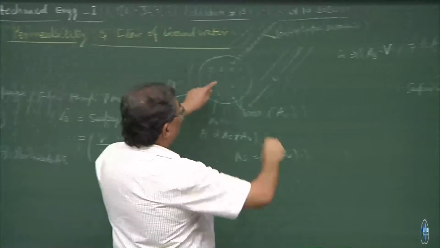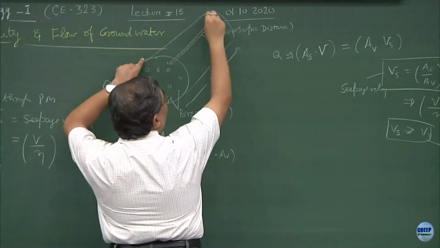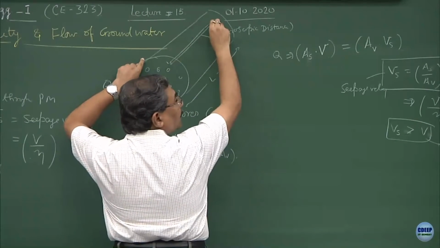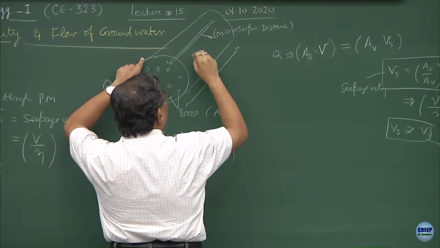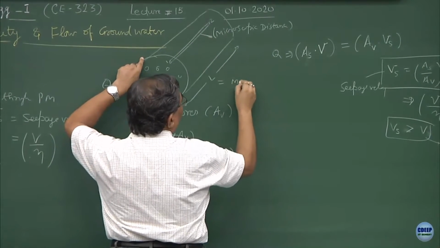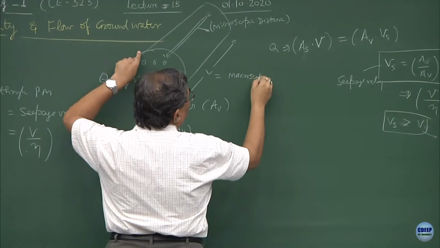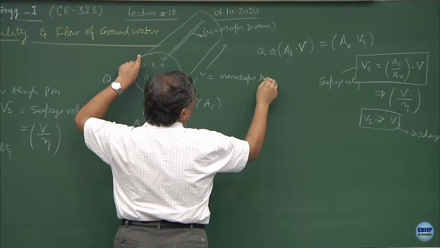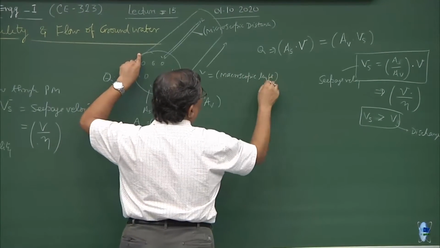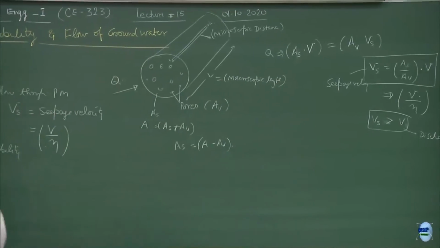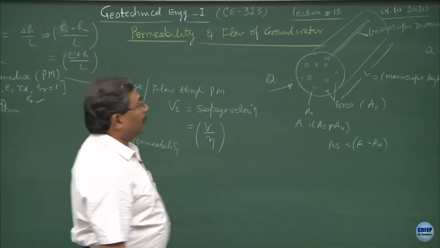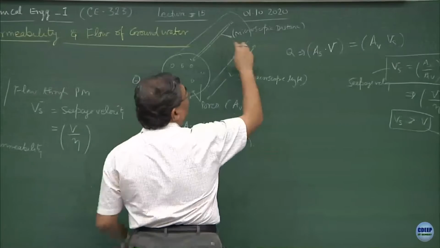The water molecule has to travel from one point to another point, either in the microscopic length or in the macroscopic length. So, L will be the macroscopic length. To maintain the continuity, now, this path is going to be tortuous.